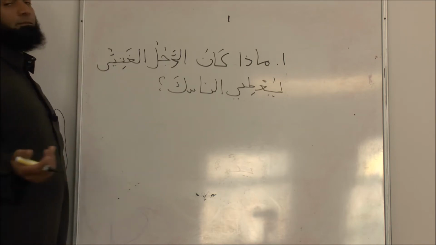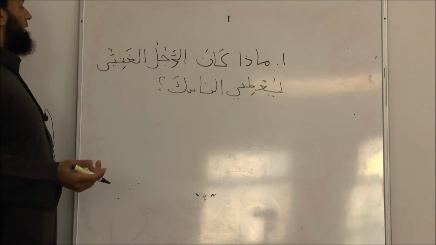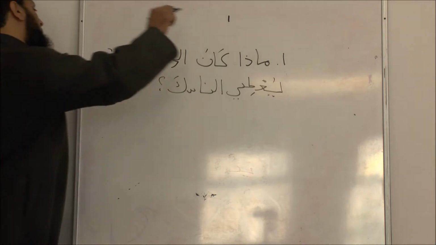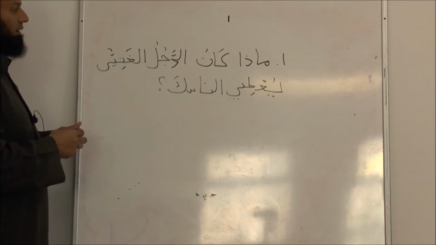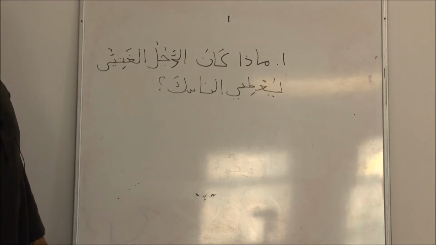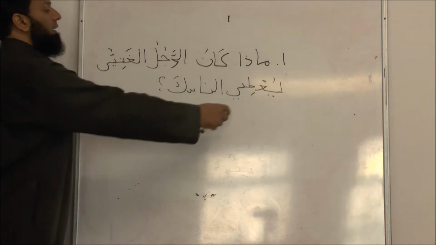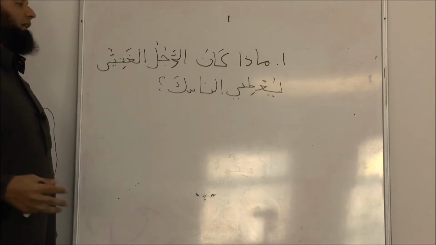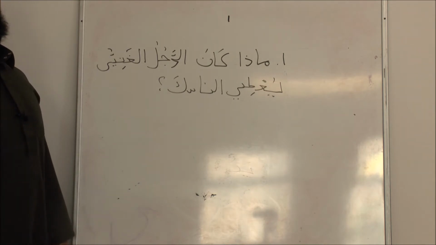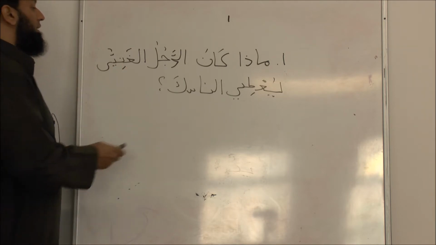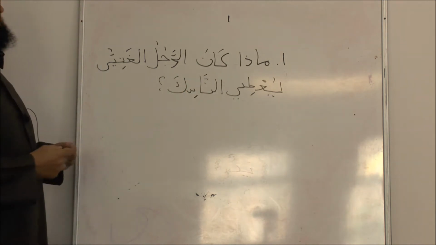So, what does this question mean? Forget kana for the moment. الرجل الغني means the rich man. يعطي means he gives. الناسك, the hermit.